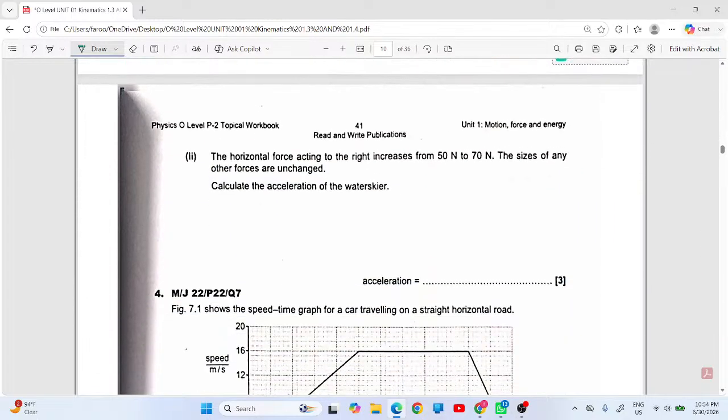Next, the horizontal force acting to the right increases from 50 to 70.